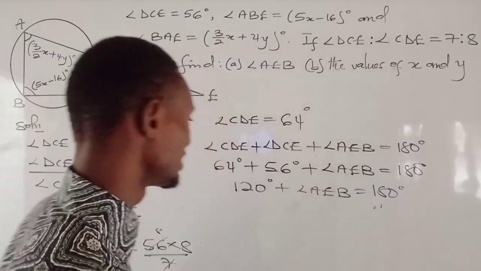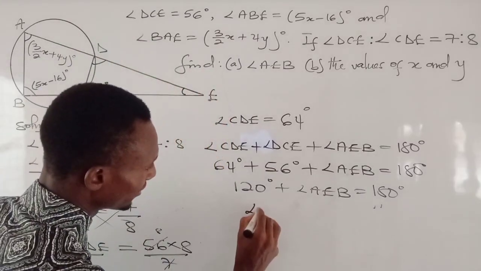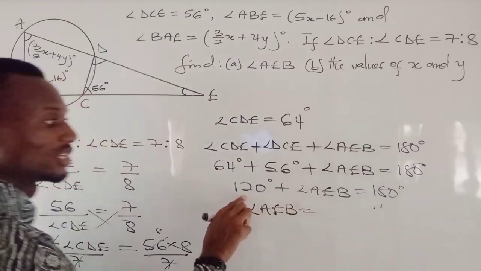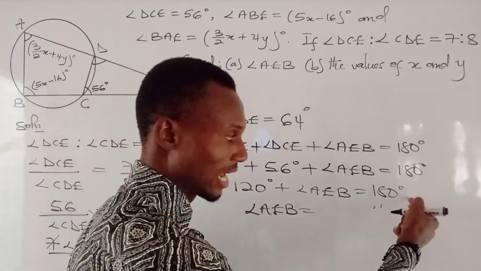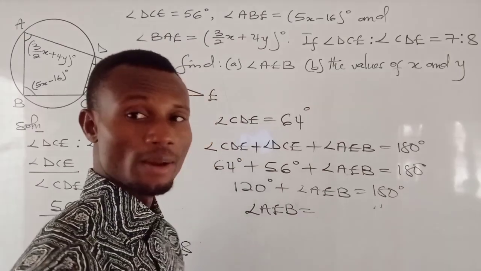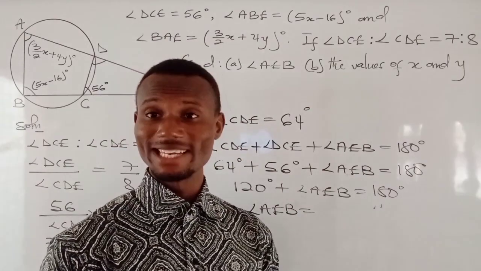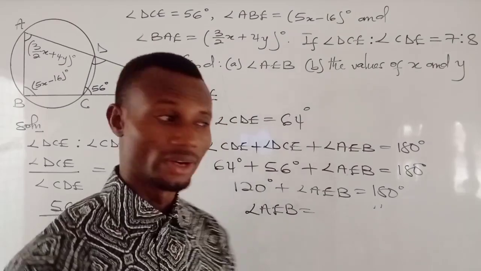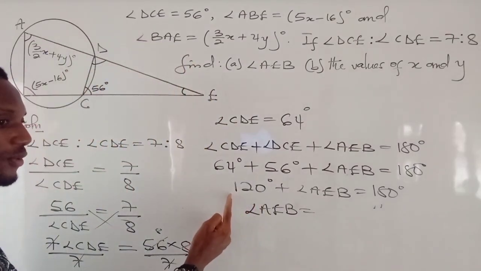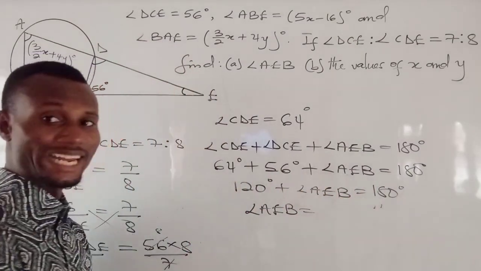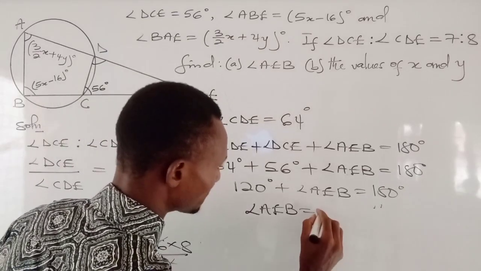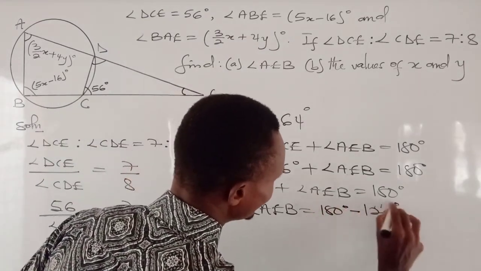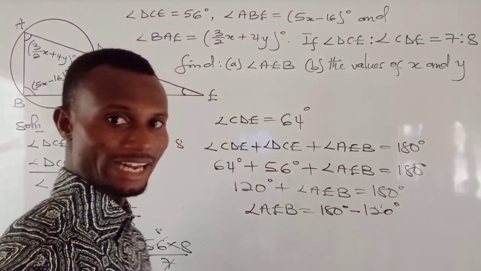So let's proceed. My angle AEB will be equal to this 120 crossing the equal sign to join the 180 here. But don't forget that when anything crosses the equal sign, the sign it has changes. It is positive here, and when it crosses the equal sign, it becomes negative. So I'm going to have 180 degrees minus 120 degrees, and I hope you understand up to this point.